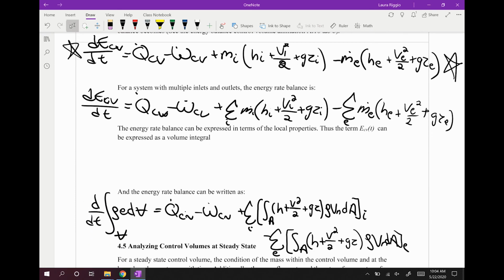We can also express things in terms of our local properties, where our energy of our control volume would be equal to the volume integral of our density times our specific energy.